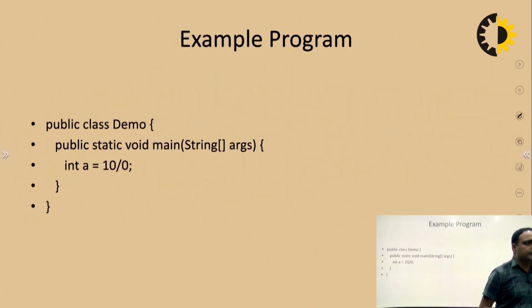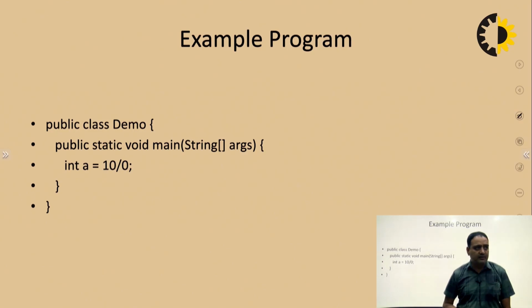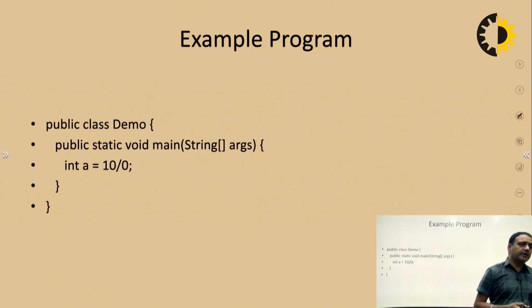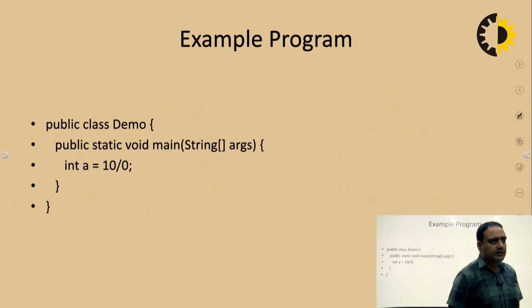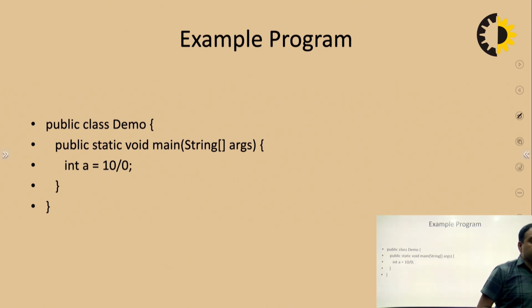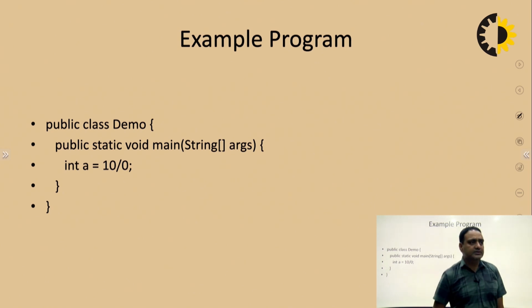Example of the program: here you can see that Demo is a class name. Within the Demo class, public static void main is a method, and within the main method you are writing int a = 10 / 0. If a number is divided by 0, it will generate an exception.